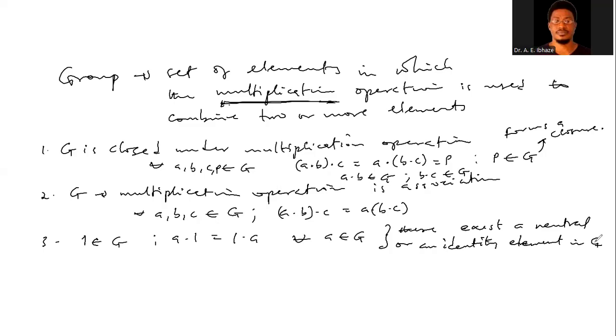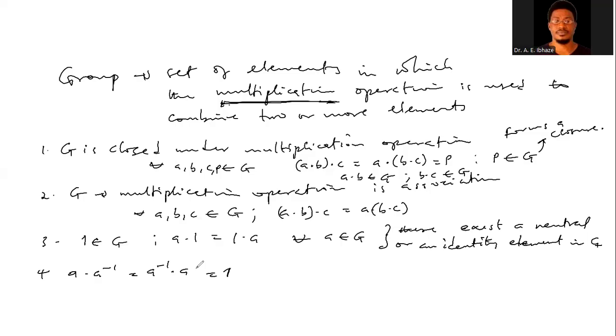And also, we have the inverse operation, such that A times the inverse of A should be the same as the inverse of A times A, which is the same as the neutral element 1. So that for every element in G, there exists an inverse of that same element in G, okay?